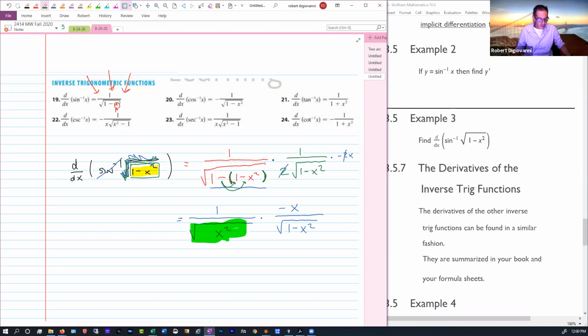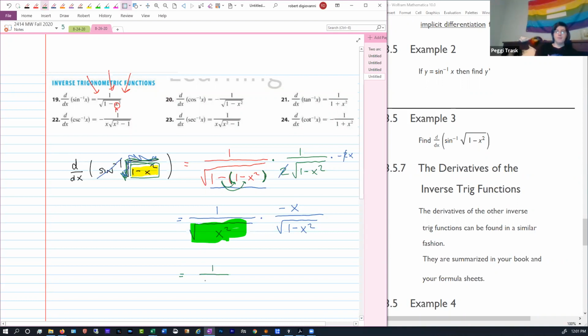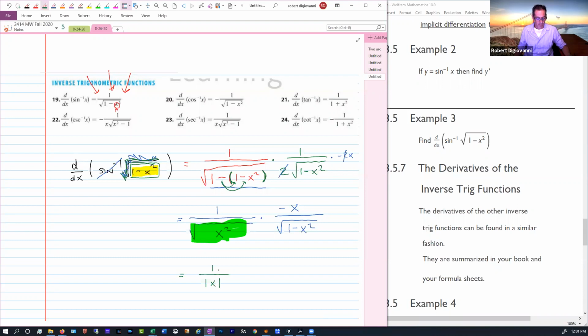So technically speaking, what is the square root of x squared? It's not just x. Does anyone know? It's the absolute value of x. The absolute value of x.